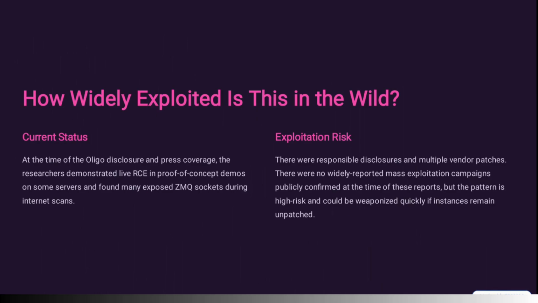How widely exposed is this in the wild? The current status, as published by Oligo and discussed in press coverage: the researchers demonstrated live RCE in proof-of-concept (POC) demos and found many exposed ZMQ sockets during internet scans. The exposure is all due to code that was copied into different AI modules, which became a risk and an exploitation method for threat actors. There was responsible disclosure and multiple vendor patches.